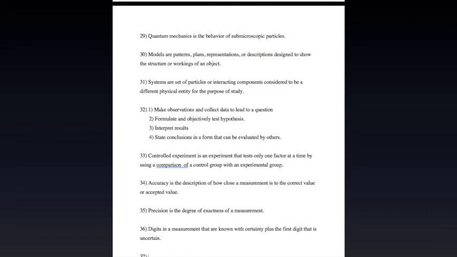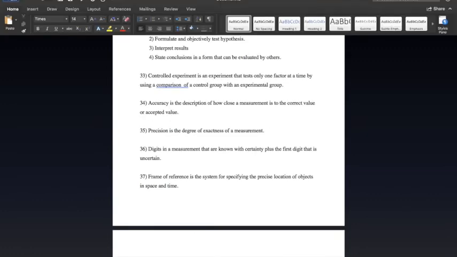Frame of reference is the system for specifying the precise location of objects in space and time.